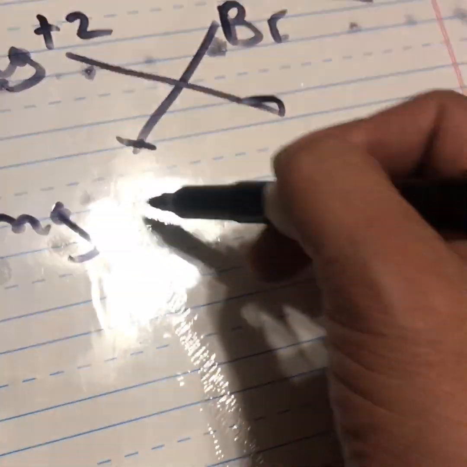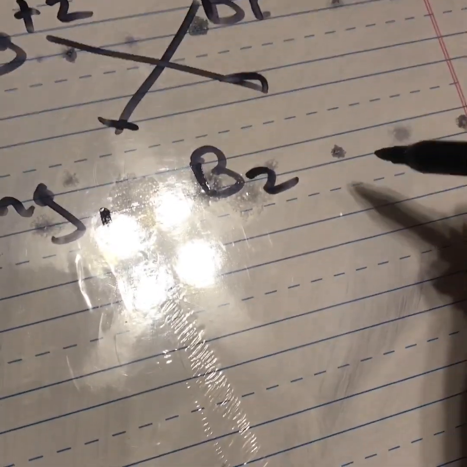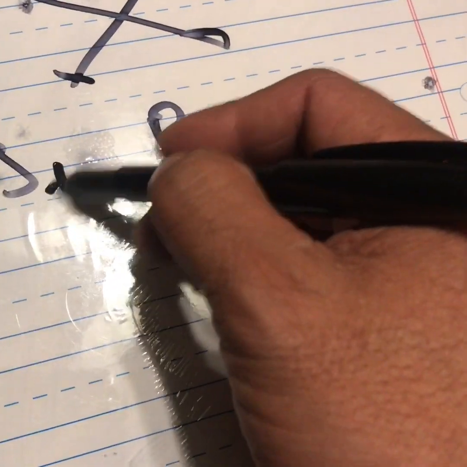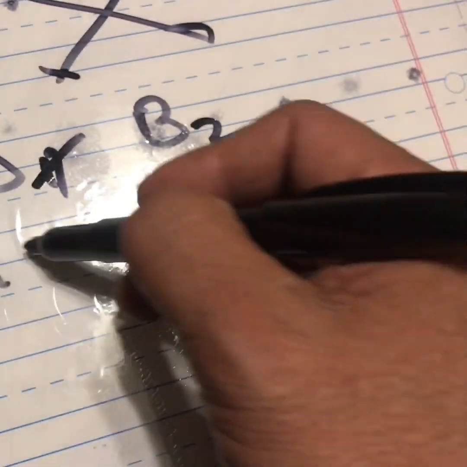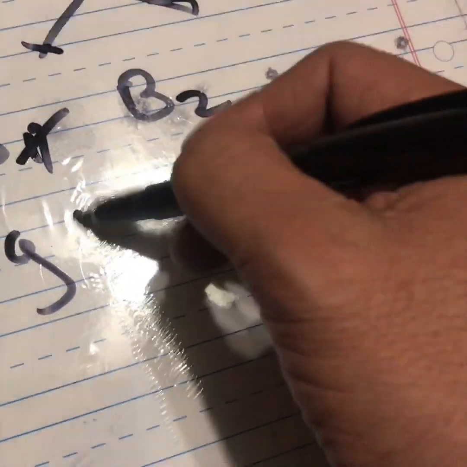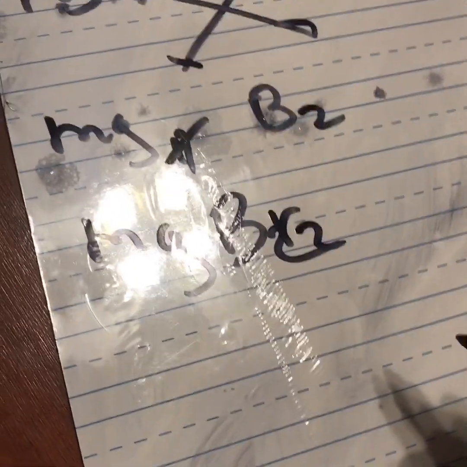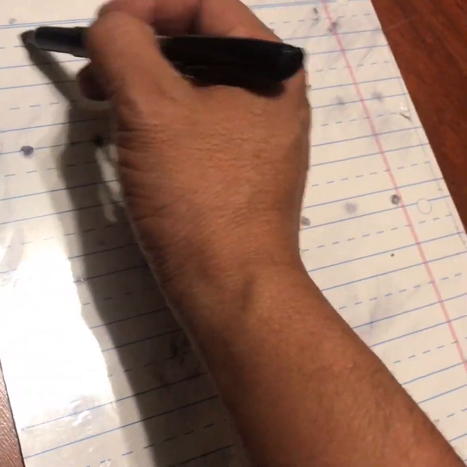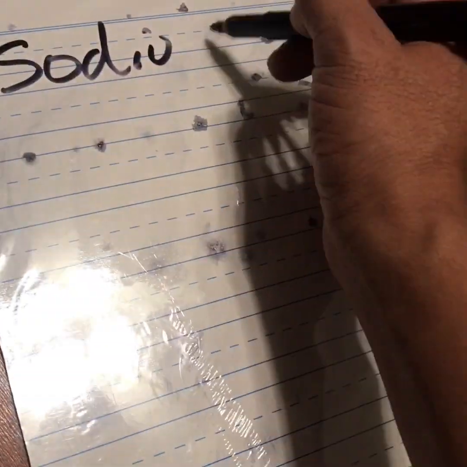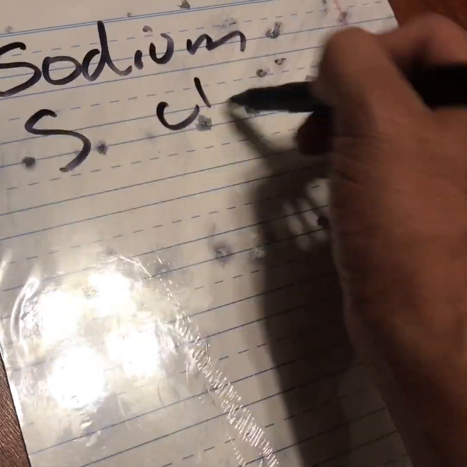So magnesium takes the 1 and bromide takes the 2. Since we only have a 1, we don't have to write it down, so this will be our final formula, MgBr2. Another example, we have sodium sulfide.